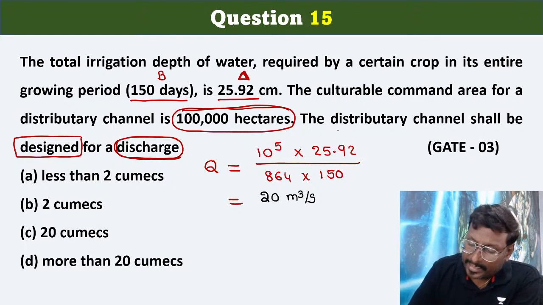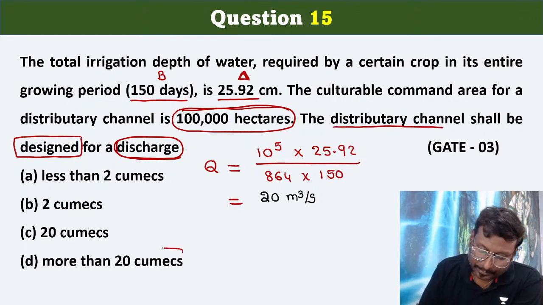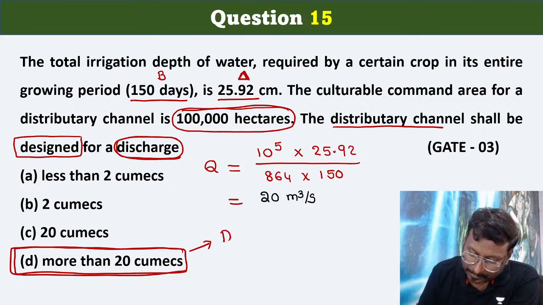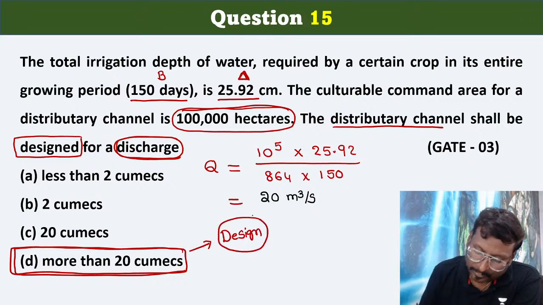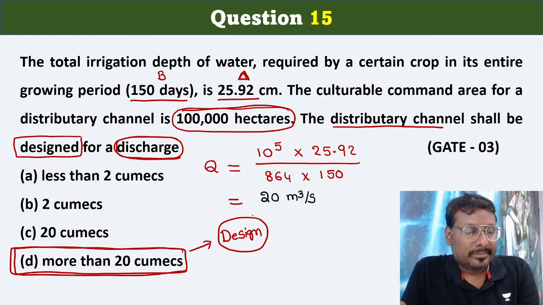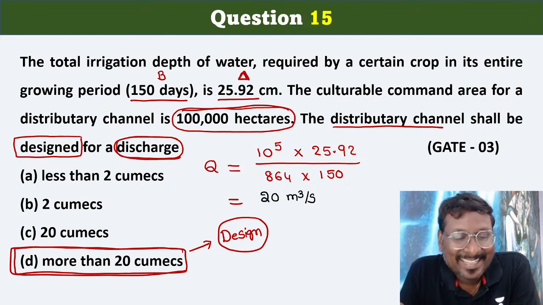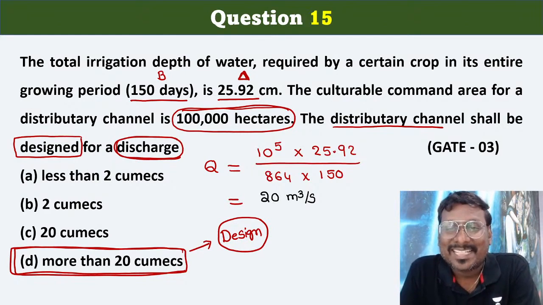So you design distribution channel for more than 20. Then it can deliver 20. Yes, more than 20 to be considered.